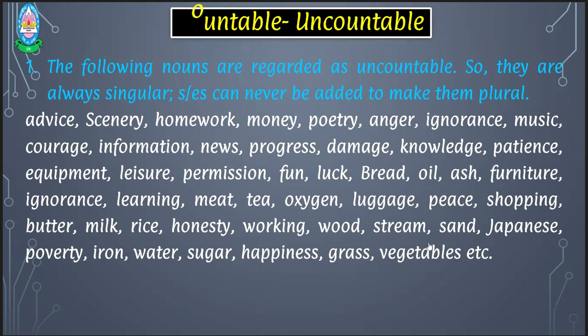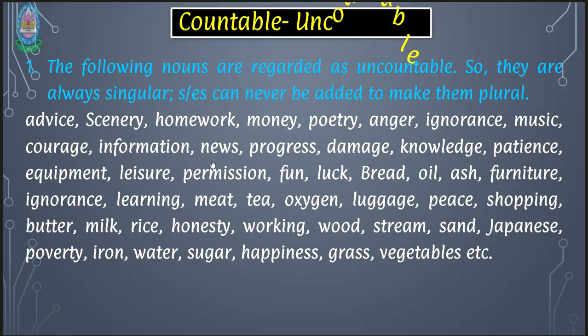The first one is: the following nouns are regarded as uncountable. The nouns that you find in the following part are regarded as uncountable. We have to keep them in mind. That's why this topic is included in your syllabus.